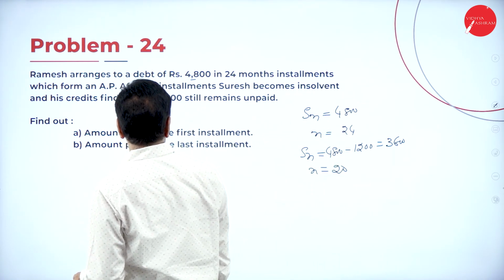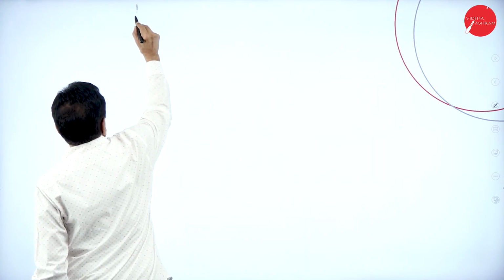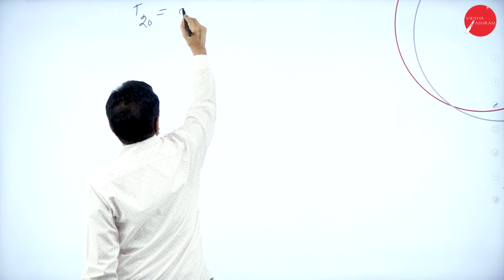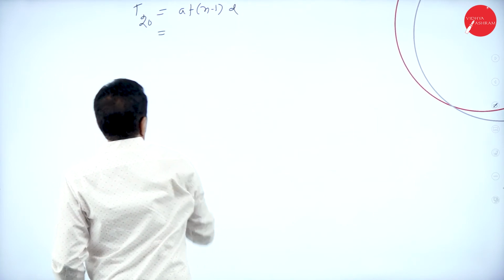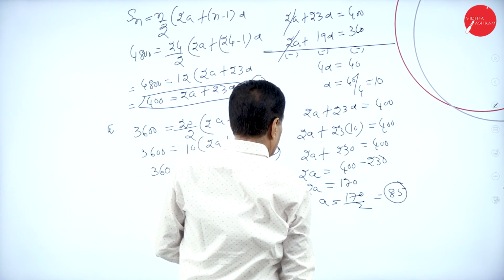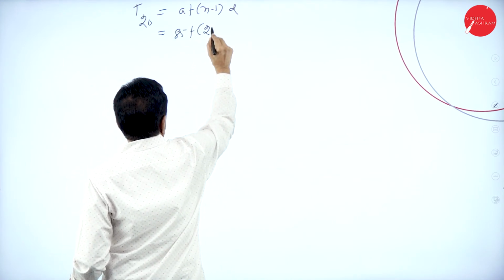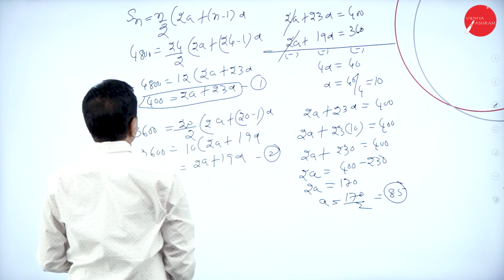What is the last installment? The 20th installment. T20 is equal to a plus n minus 1 into d. What is your a? 85 plus 20 minus 1, and your common difference is 10.